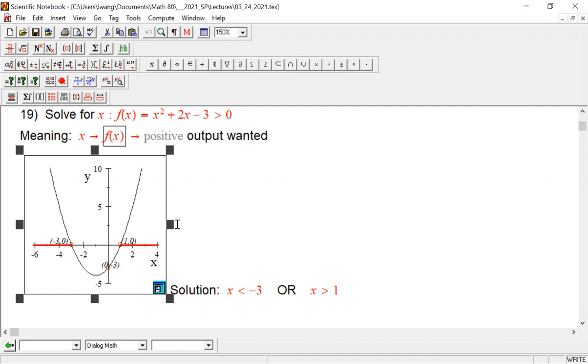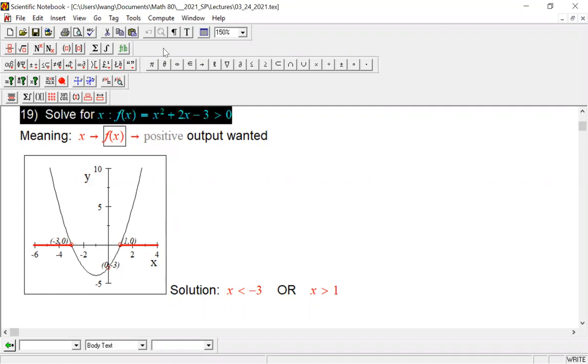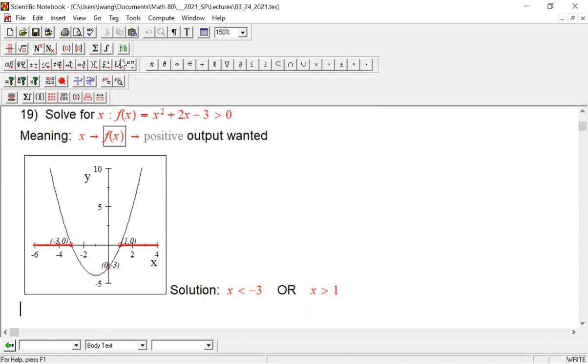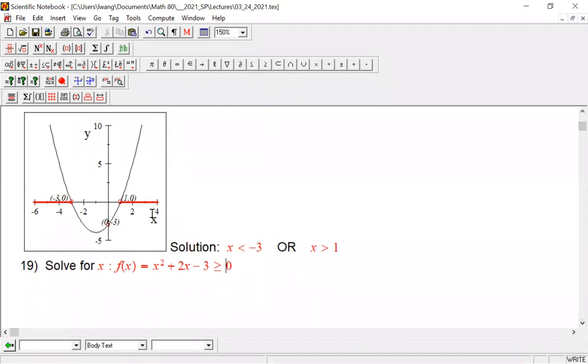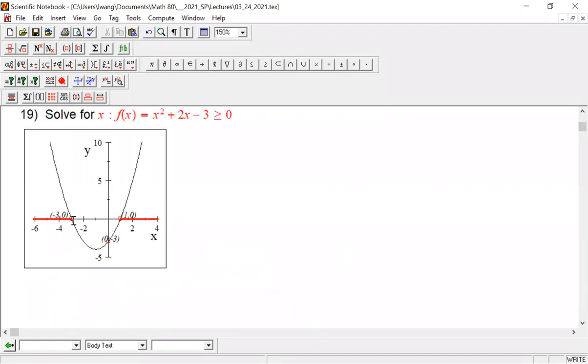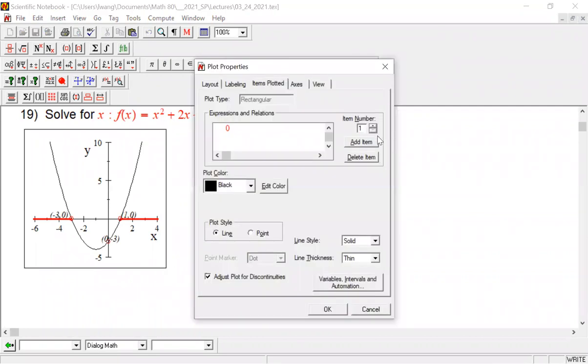Now, how about number 20? If we understood number 19, number 20, instead of just wanting positive output, 0 output is also wanted. So if that's the case, we just have to include these 2 dots, which make 0 output.